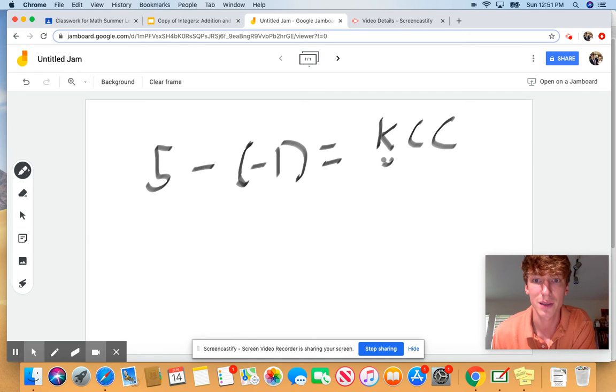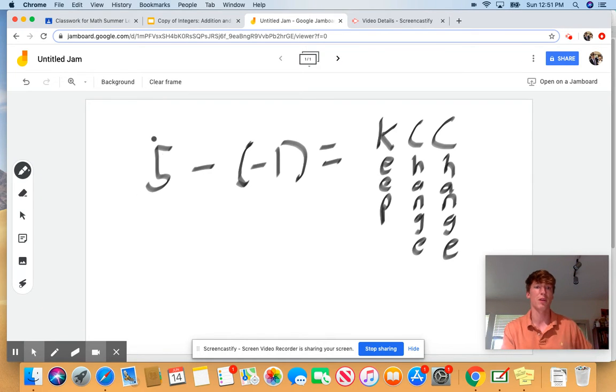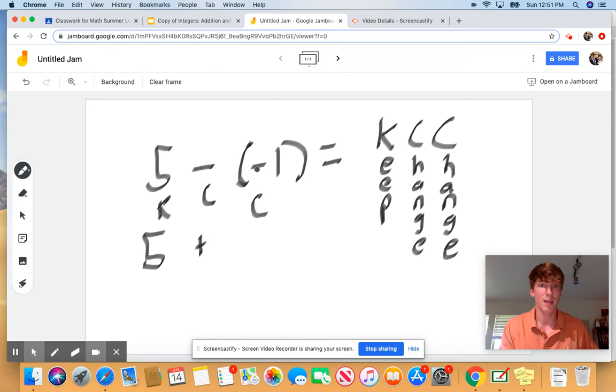And this stands for keep, change, and change. So we keep the first number. So 5 drops down, all dandy and fine. We're good with it. Then we change subtraction to addition, because addition is just easier. And then change our negative.